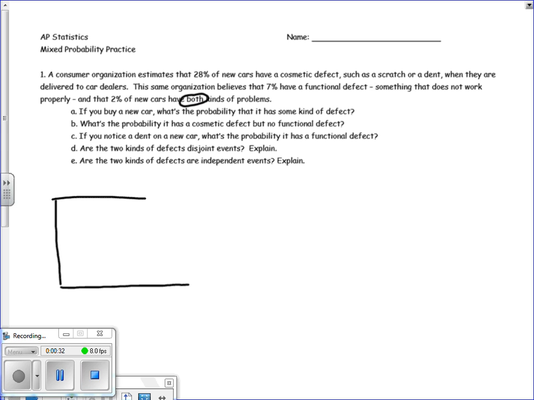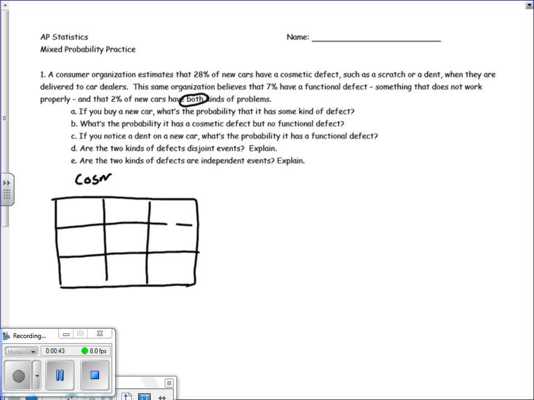our best bet here is probably just to draw a quick table for all of this information. So here we go. This would be cosmetic. This would be a functional defect. And it's yes, no, yes, no, and again, at the end of each of those, it's total.